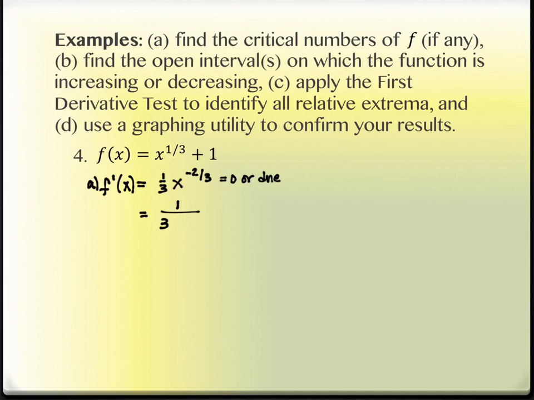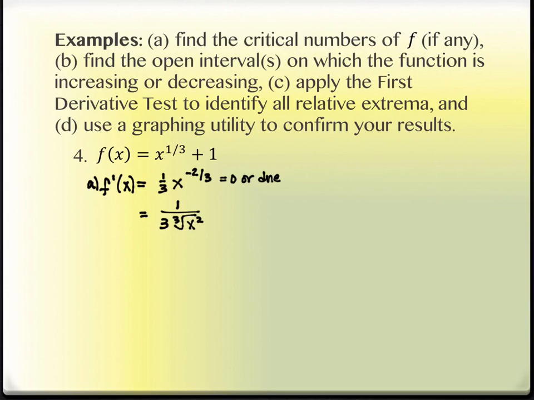The third part of the 2/3 makes it a cube root, and the 2 part makes it squared. Now, it didn't start out in a radical form, so it's not that we turned it into this radical form because we had to from a matching perspective. We did it because it's easier to identify what we're looking for. At least it is for me. When I look at this in the first form, it's harder for me to decide 0 or does not exist. But when I look at it in this form, it's really easy.